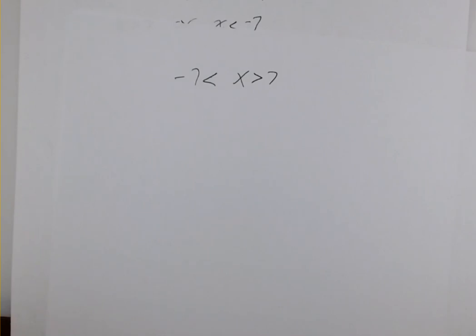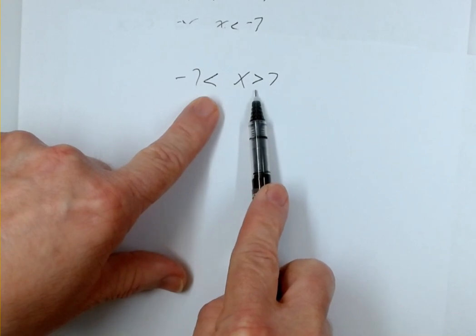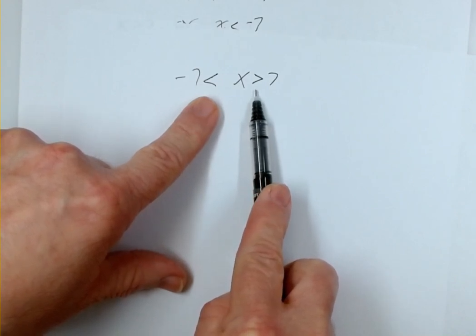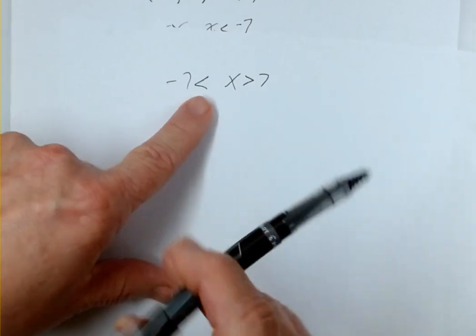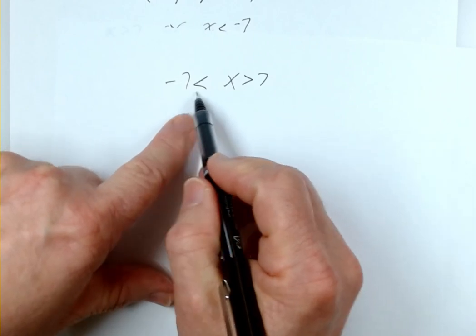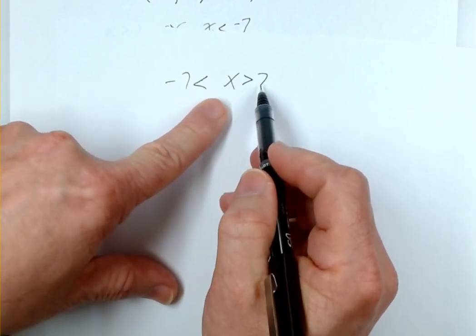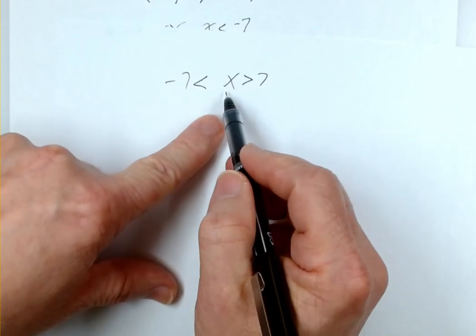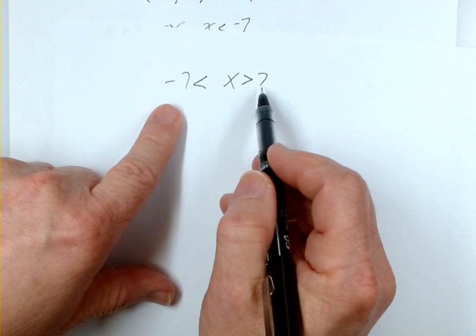Okay. Well, first of all, notice that the inequality symbols are not in the same order. So you're saying x is greater than 7. Now remember, when you write it like this, that becomes an and statement. So x is greater than 7, and at the same time, x is, or negative 7 is greater.